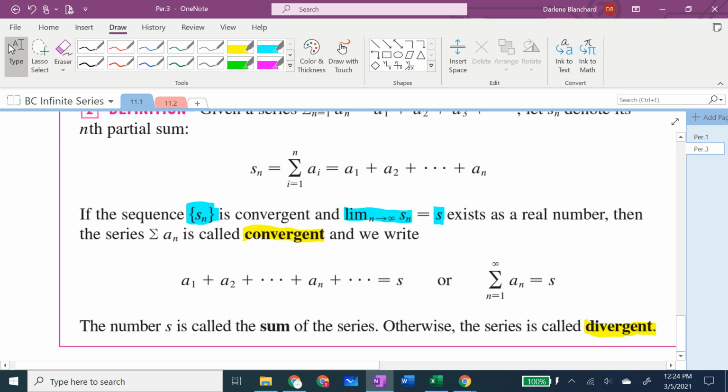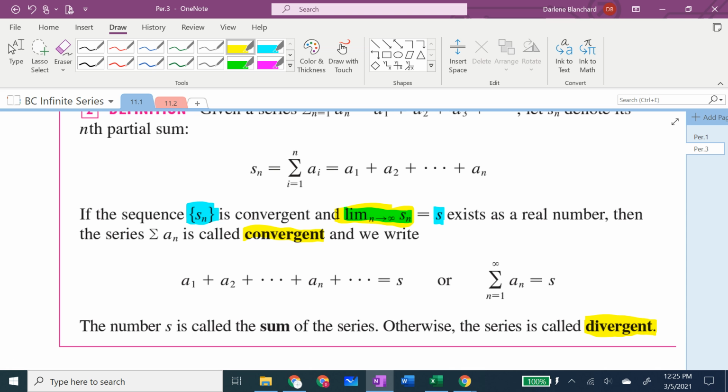If you find out that this limit of the partial sums does not exist, then your infinite series is divergent, and it just doesn't have an answer.